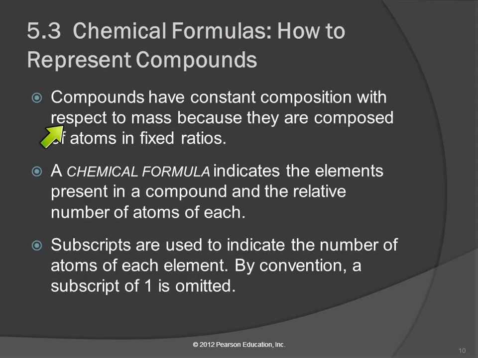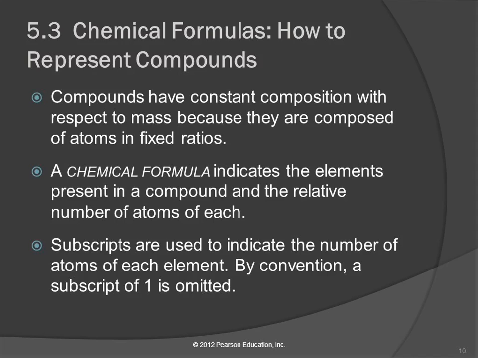The constant composition with respect to mass is because they're composed of atoms in fixed ratios. The 18 grams of oxygen to 2 grams of hydrogen is because there's 1 atom of oxygen to 2 atoms of hydrogen. They don't weigh the same, and so the ratio of atoms is different than the ratios of masses, but they're always going to be constant.